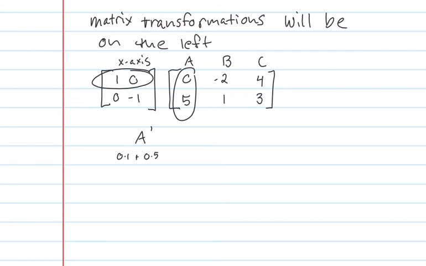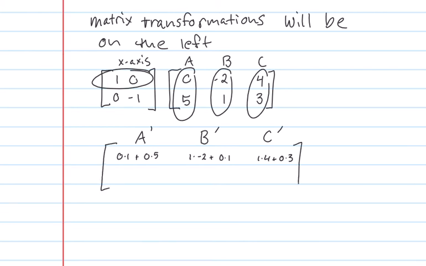And then when I scoop and pour again, I have 1 times negative 2 plus 0 times 1 in the B prime. And then C prime, I scoop and pour again, so that's 1 times 4 plus 0 times 3.